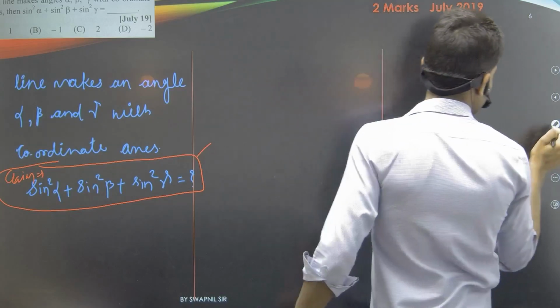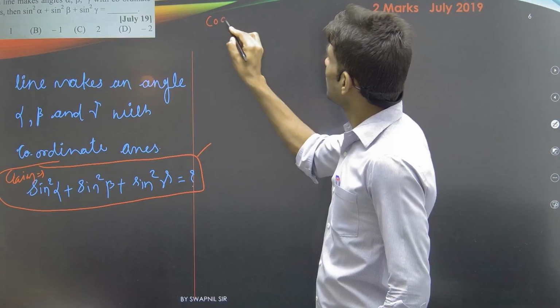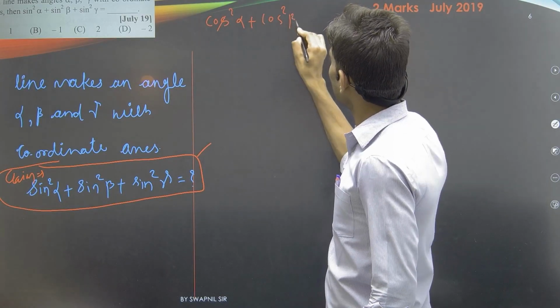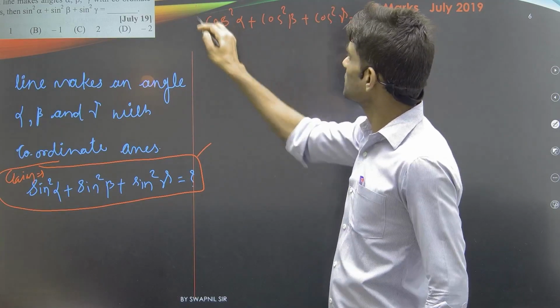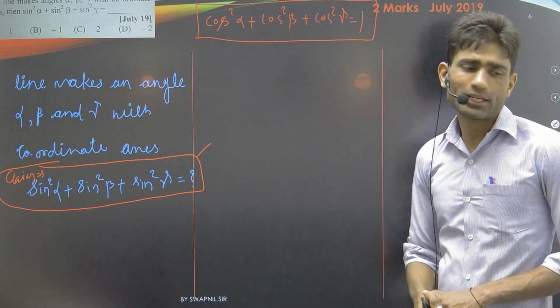Let me change the color. So we know that cos square alpha plus cos square beta plus cos square gamma is equal to 1. This is the standard form for the direction cosines of the line.